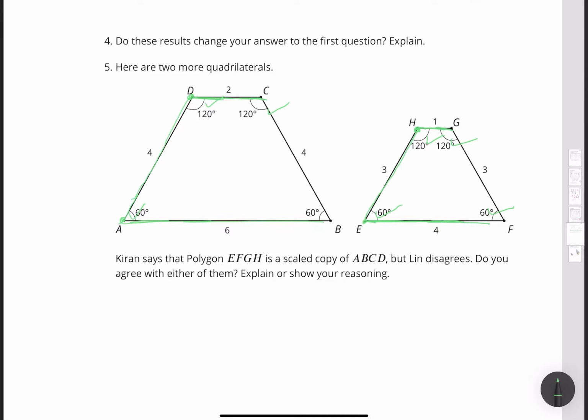So I could divide 4 divided by 3, which equals 1 1/3. 2 divided by 1 equals 2. 6 divided by 4 equals 1 1/2.